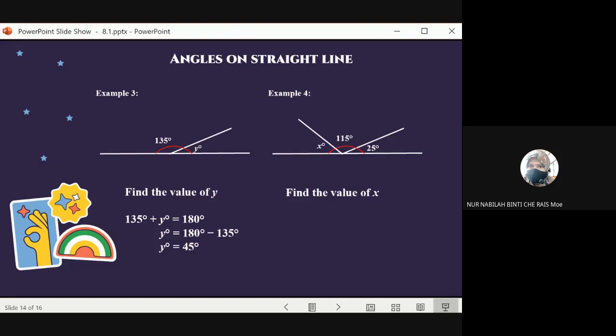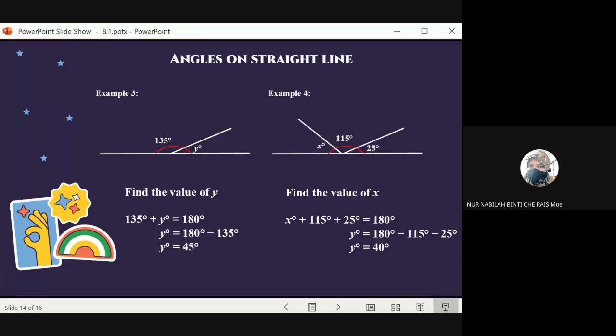Let me check. x plus 115 plus 25 equals 180. So you move everything to the back, minus, so you get x equal to 40, correct? So that's on a straight line.